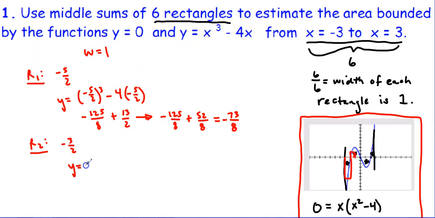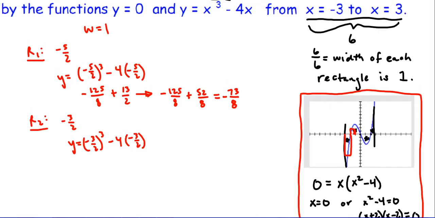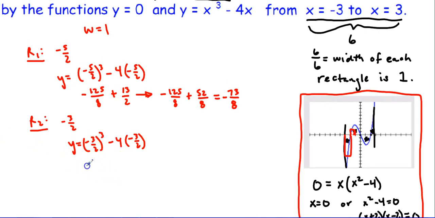So we got y equals -3/2 cubed minus 4 times -3/2. This ends up being -9/8. Oh, sorry, -27/8, plus that's going to be 12/2 or 6.